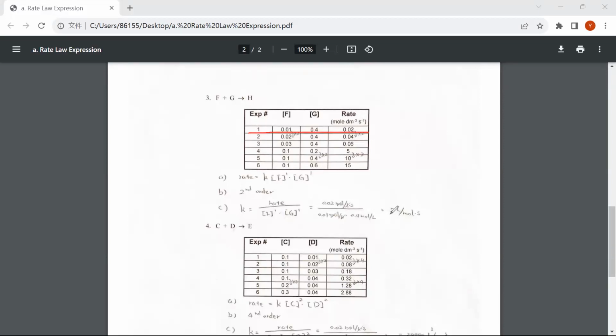So it will give us the final answer of 5. And we also have to plug in all the units. So the units also have to be to the power of the exponent. And we cancel the units, and then we will get the final units for k.